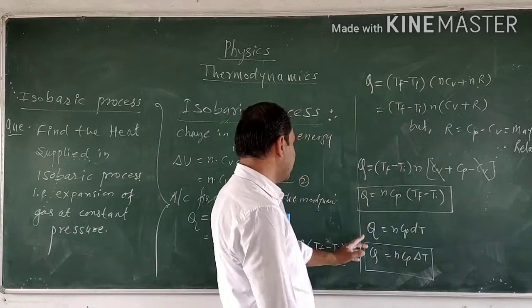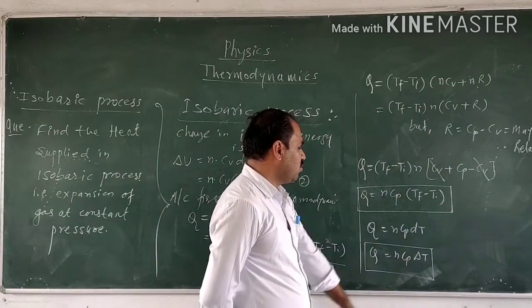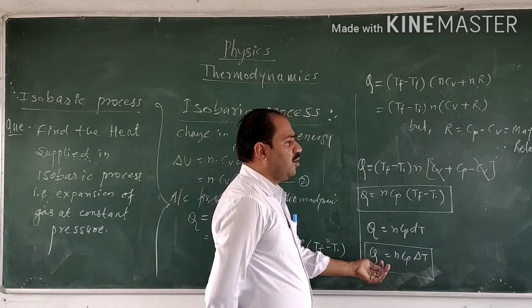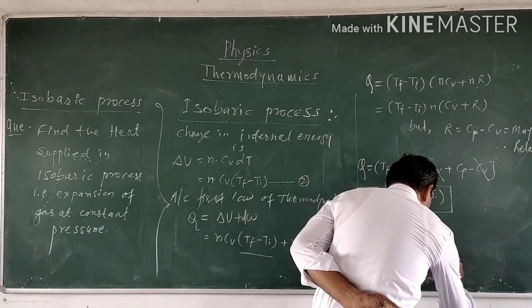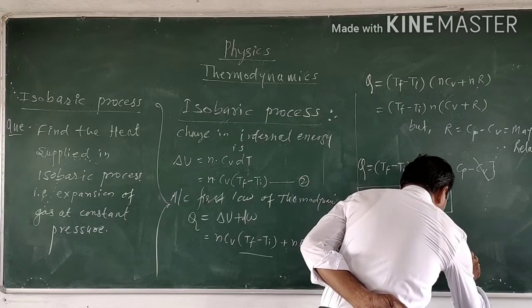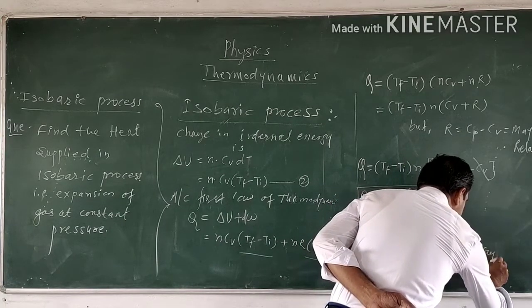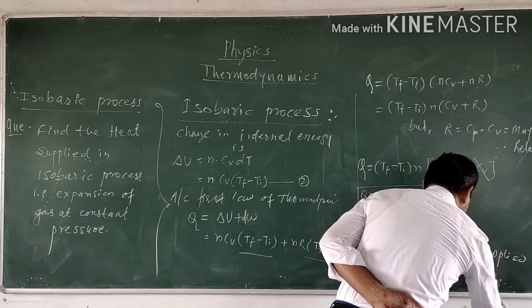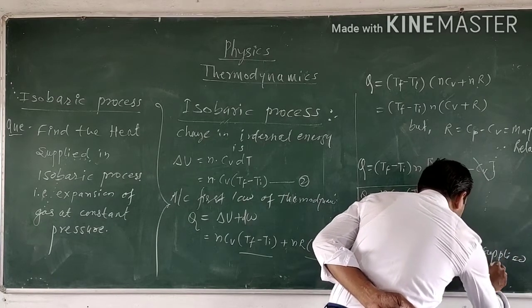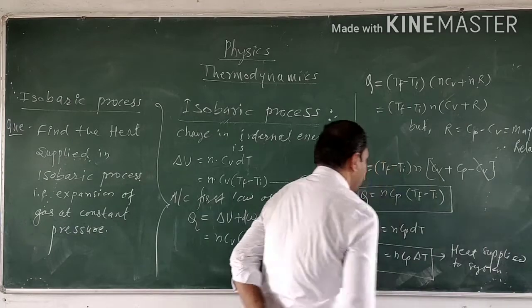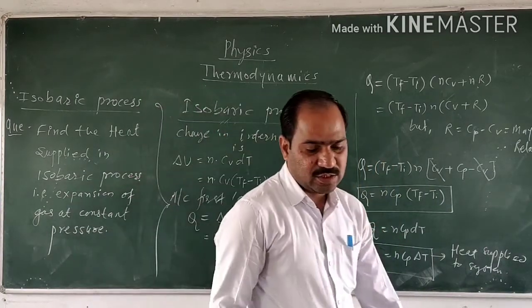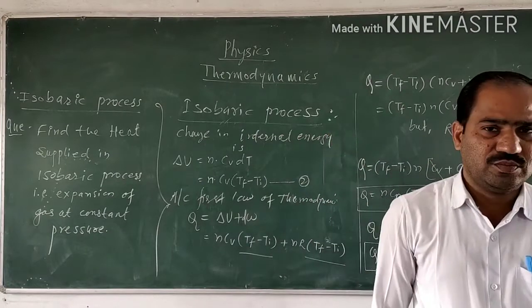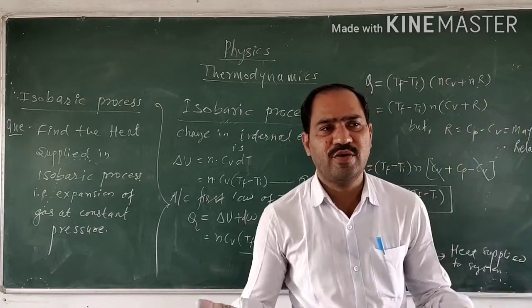So this is the final expression, Q is equal to n Cp delta T, which gives you the amount of heat supplied to the system in the isobaric process. Thank you so much for watching my video.